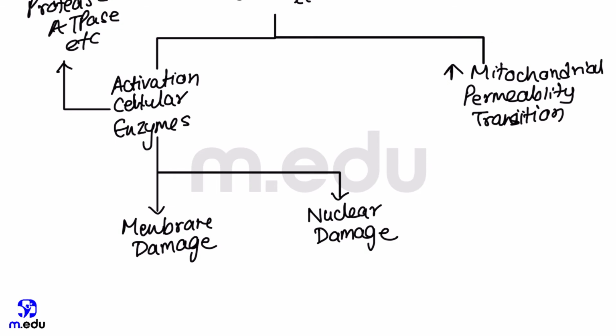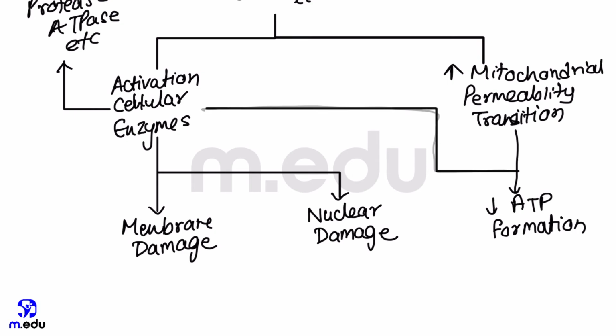The increased mitochondrial permeability transition results into decreased ATP formation. Activation of cellular enzymes are also partially responsible for this decreased ATP formation.